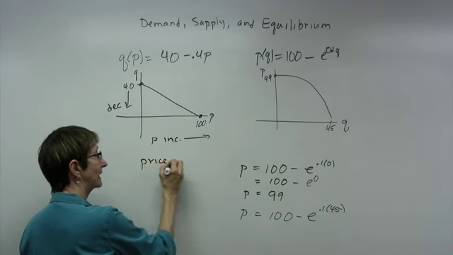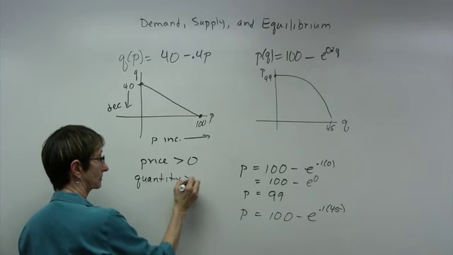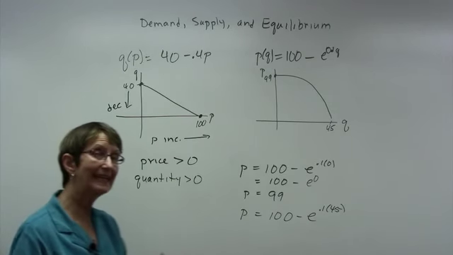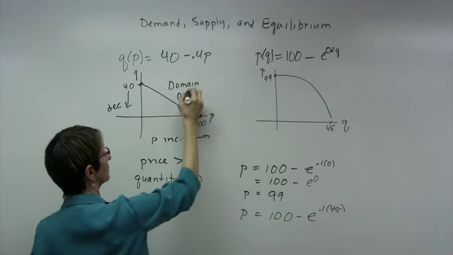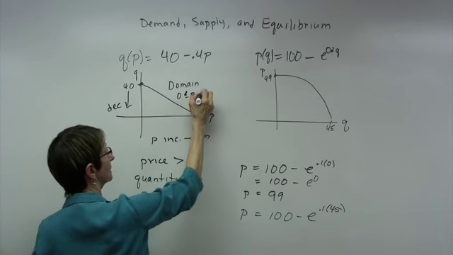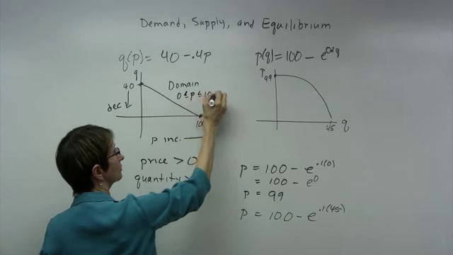Quantity is positive. So we have to keep our prices and quantities positive, so we have to be very careful with our domains. For this function, my domain is from 0 to 100. 0 is less than or equal to P, less than or equal to 100.